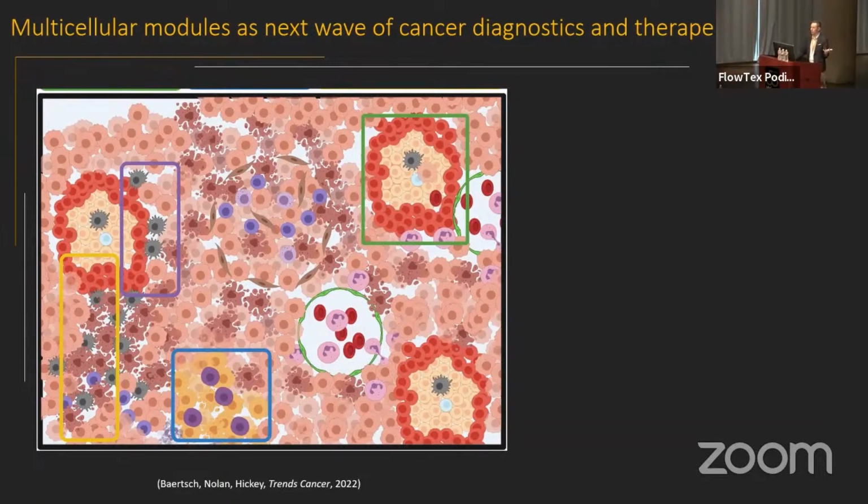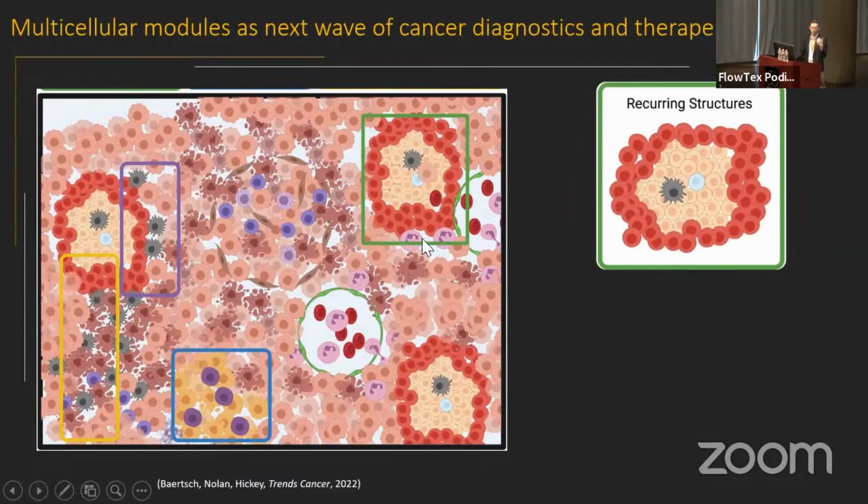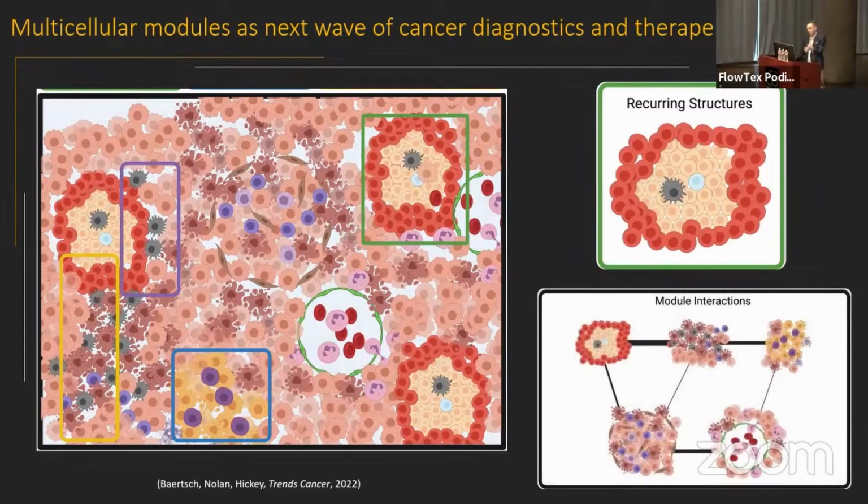Already, pathology is used in diagnostics, but if we can think about being able to determine multi-cell modules like an immune follicle as predictive of response or non-response to a therapy, I think that will be very helpful. But not only that, can we think about developing therapies that might interrupt some of these multi-cell module communications, or even create something like a tertiary lymphoid structure?